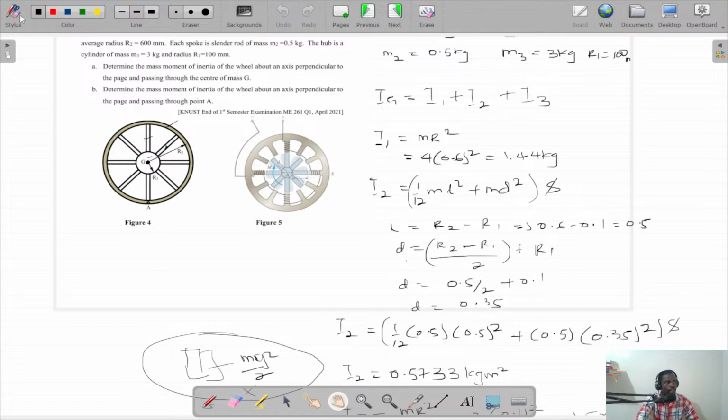So we want the distance between the axis going through this point. So if the axis is going through like this, and this one is going through here like this, we want a distance between this and this, right? And then this is the D, and you can see that from here to here is the same as what? It is the radius of the whole thing, which is what? R2. All right. Please, if you get this, let me know, Mimi.